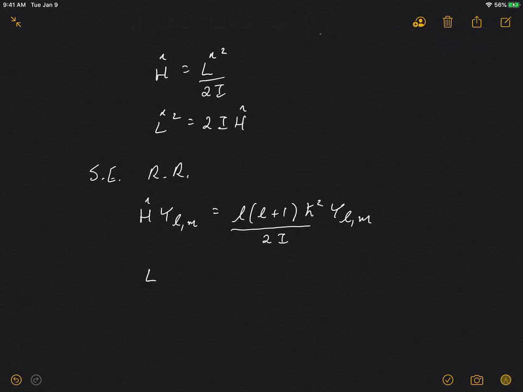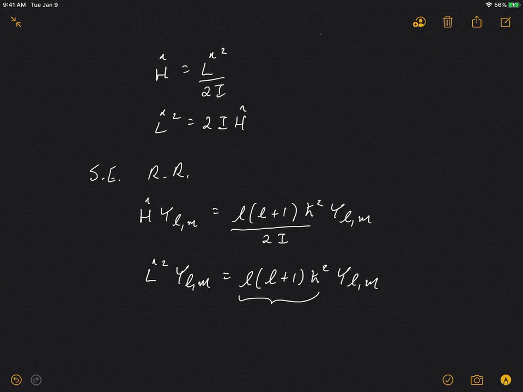So if this is true, then this has to be true: L squared acting on the Y_lm is equal to l times (l+1), that's little l, or script L, h bar squared Y_lm.